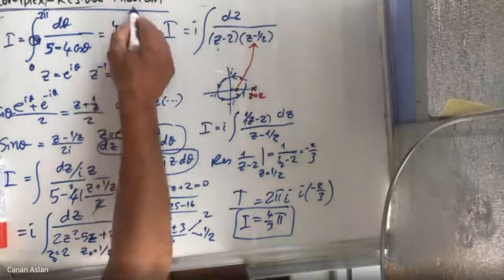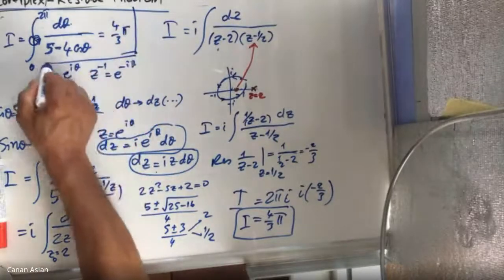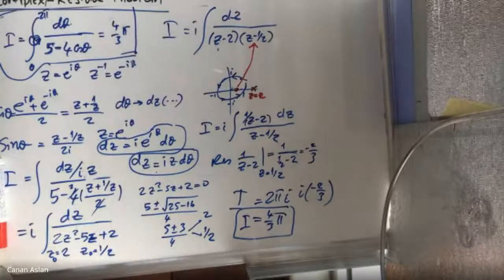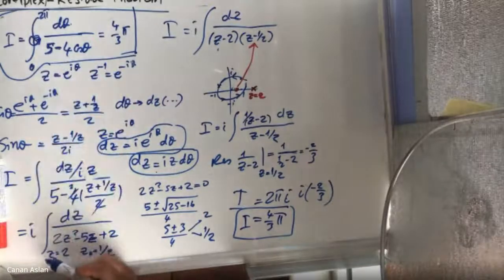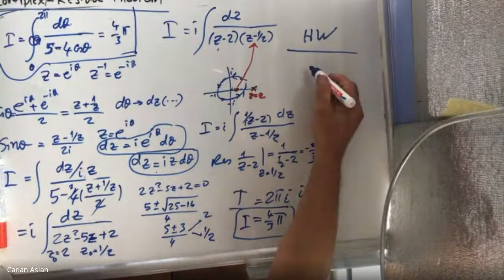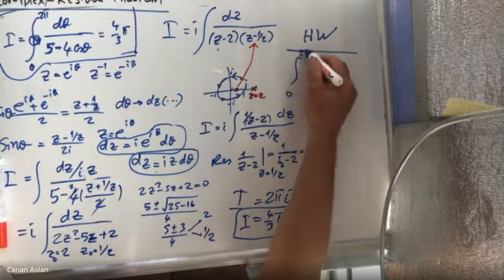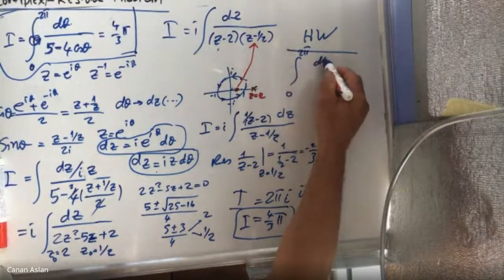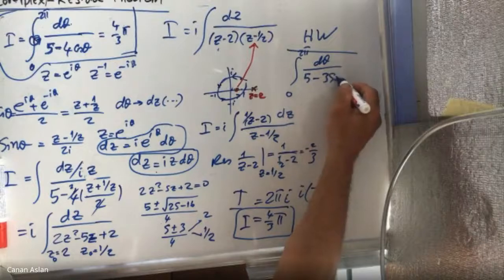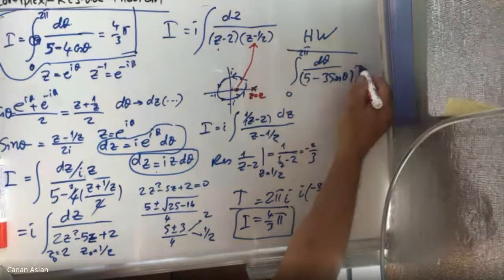So now, did you see how we were able to use this residue theorem and complex analysis to calculate such integrals? For homework, for your study, I give you this: from 0 to 2 pi, calculate d theta divided by (5 minus 3 sine theta) squared.